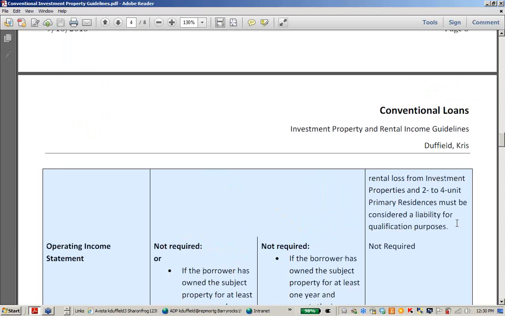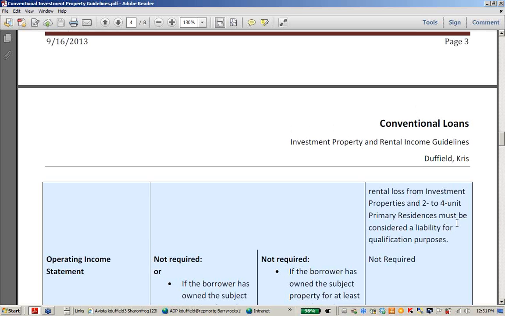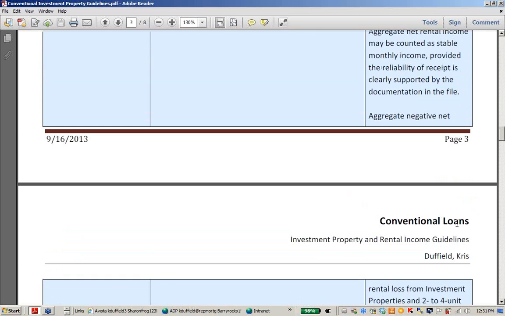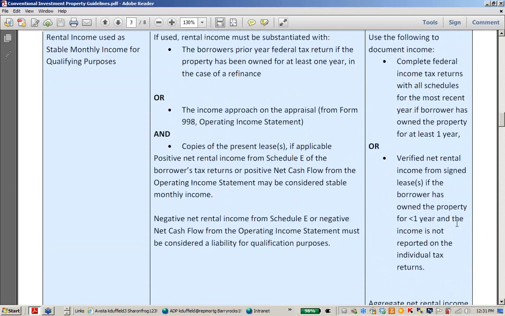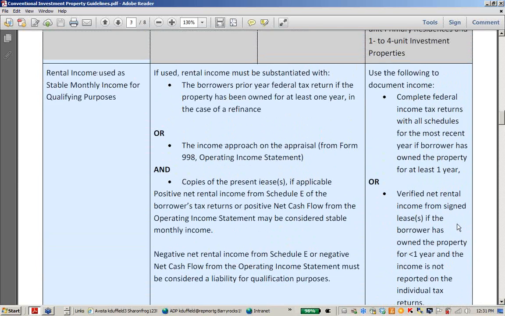Your operating income statement is the same for your multi-unit, owner-occupied, and your investment property guidelines or purchases. They're about the same. But double check, read through here, make sure it's clear, keep this handy, and you can always come back and refer to it.